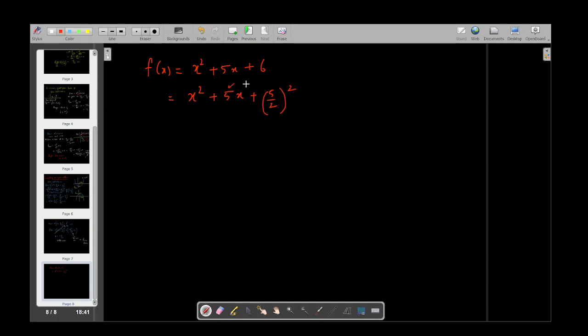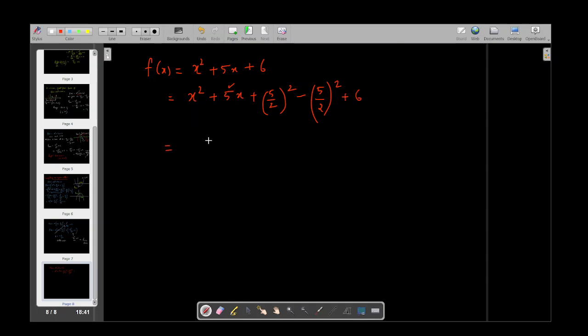Whatever is here as b, I'll take half of it, minus 5 by 2 whole square, plus 6.